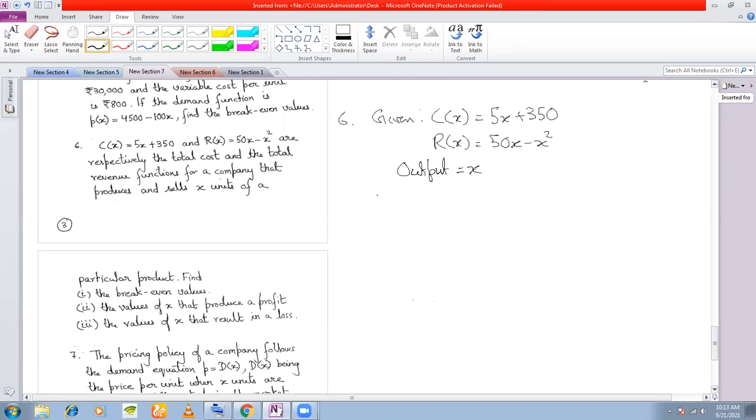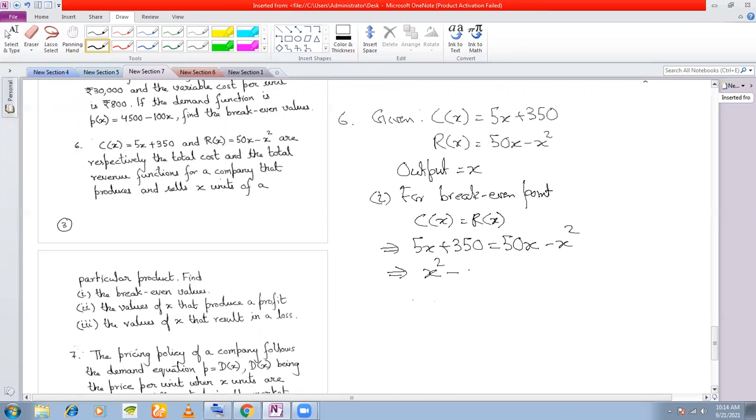First question is find the break-even point. For break-even point, Cx is equal to Rx. So you have 5x plus 350 is equal to 50x minus x square. If you express this as a quadratic, you get x square minus 45x plus 350 is equal to 0.